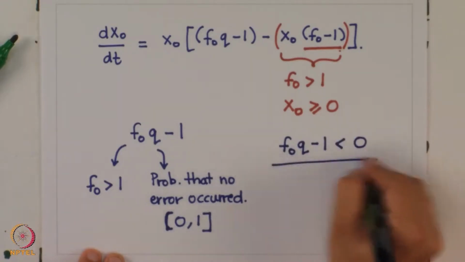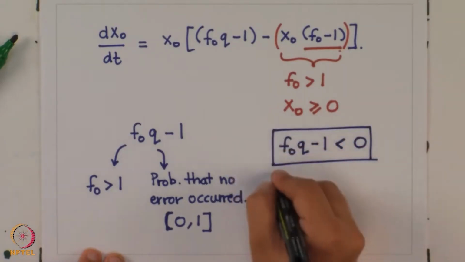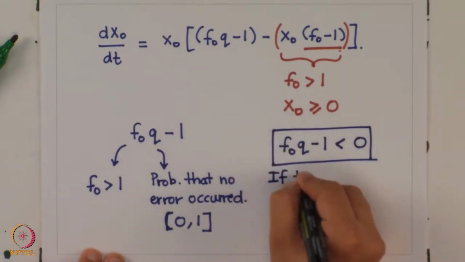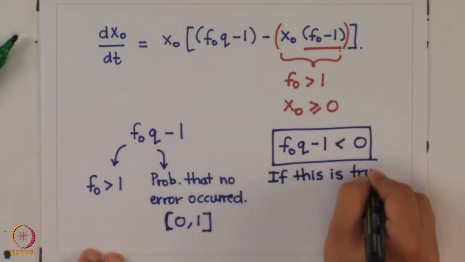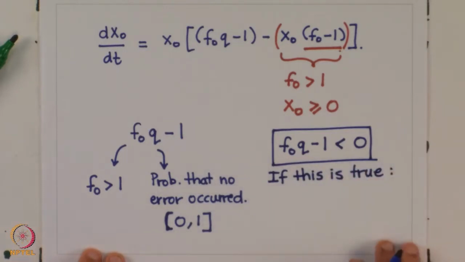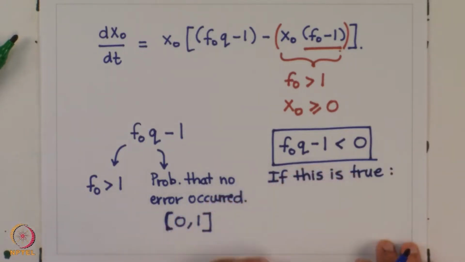But let us imagine the scenario such that f naught times q minus 1 is less than 0.